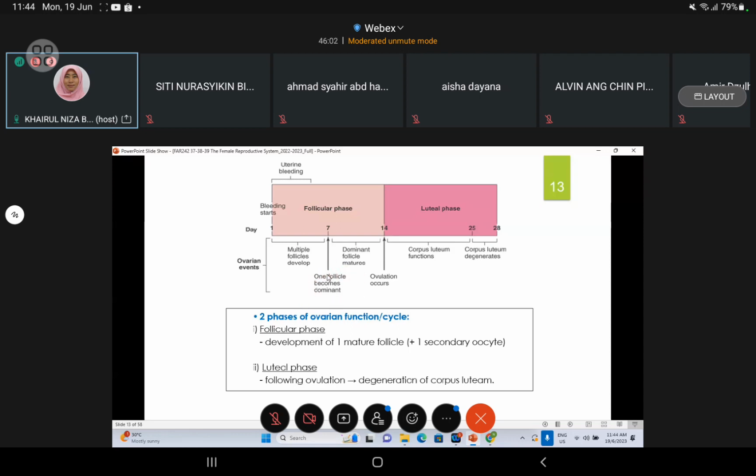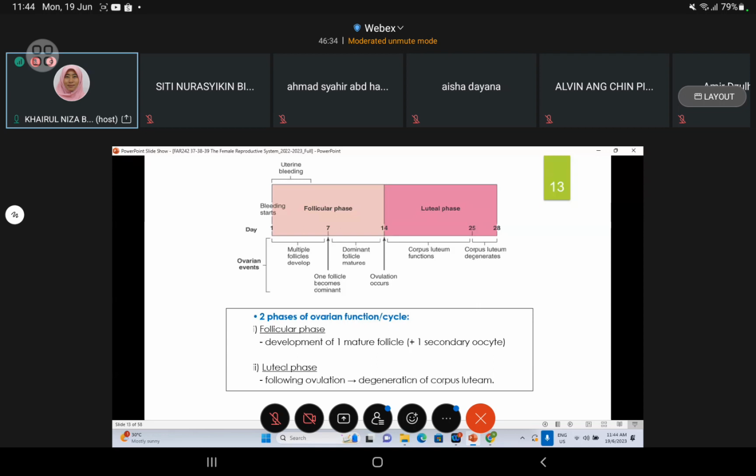And the rest of the follicles which have developed start to go through atresia, and they'll be phagocytosed by the ovaries later on. So this dominant follicle then grows bigger and starts to mature. And on day 14, ovulation will occur, right? That marks the beginning of the second phase of the ovarian cycle, which is the luteal phase.